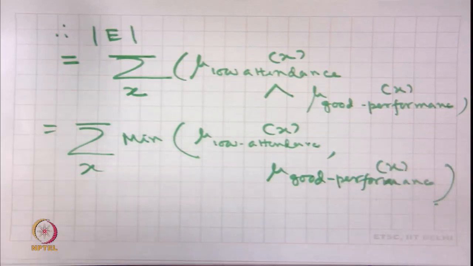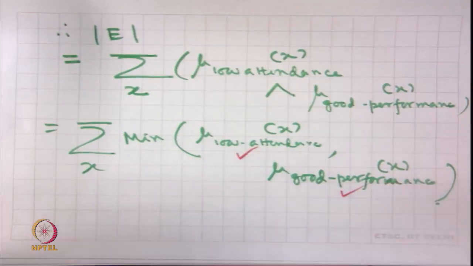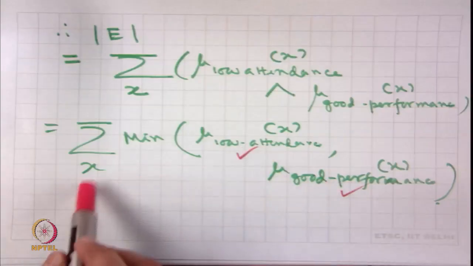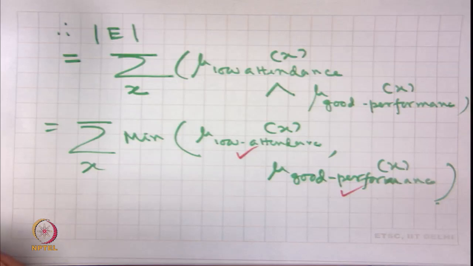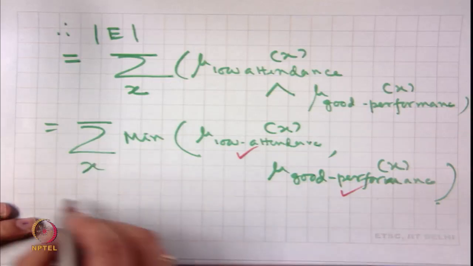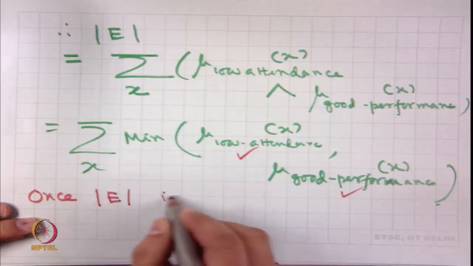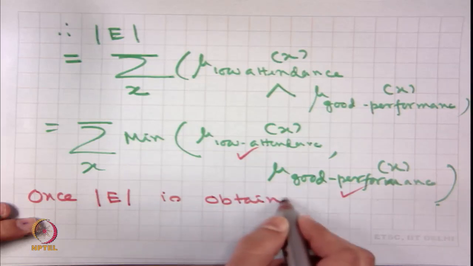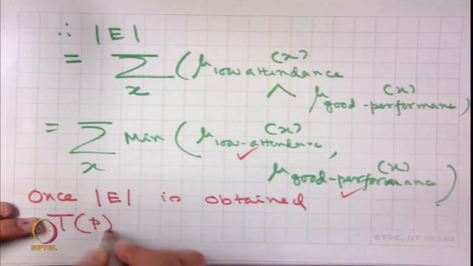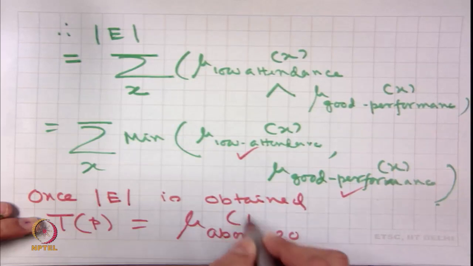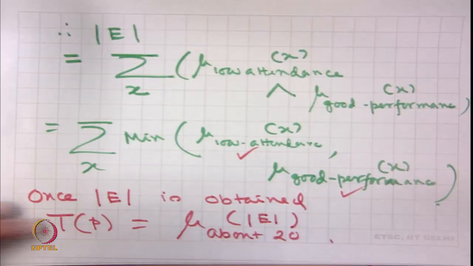Therefore, if we can define these two sets and we can compute the membership value for each student to both the classes, by using this summation we can get the scalar cardinality of E, and once scalar cardinality is obtained, truth value of the proposition P is equal to mu about 20 of cardinality of E. This part is very similar to our earlier example.